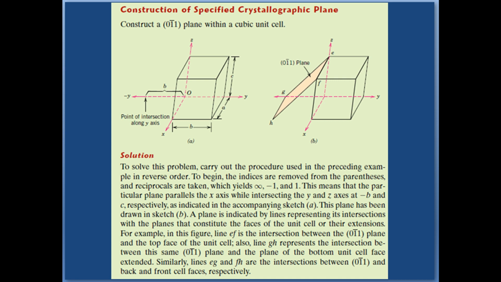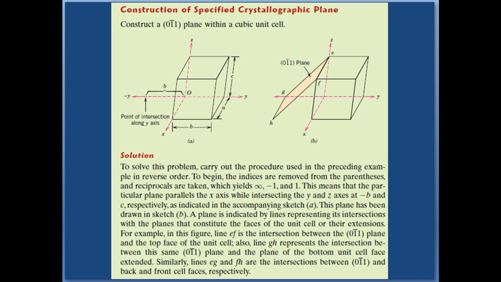Also, line GH represents the intersection between this same (0 1-bar 1) plane and the plane of the bottom unit cell face extended. Similarly, lines EG and FH are intersections between the (0 1-bar 1) plane and the back and front cell faces respectively. This is the solution, in which we have constructed a plane based on the indices given to us.